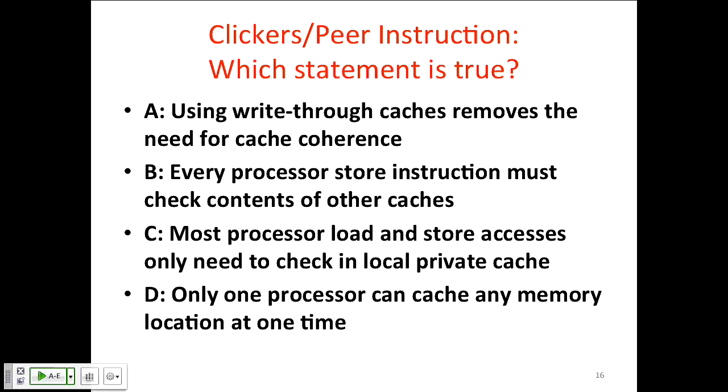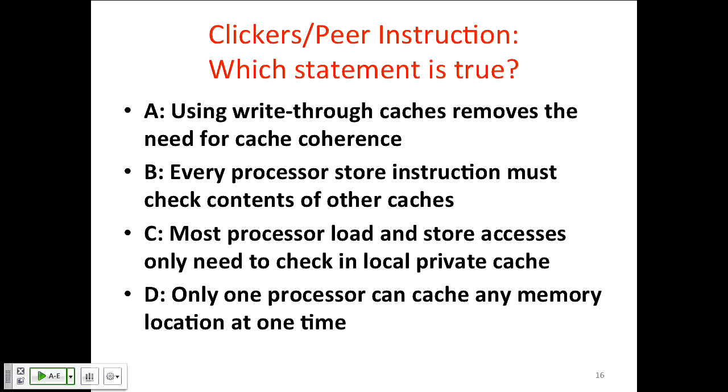So only one processor at a time has a writable copy. If you find it in your cache and it's dirty, you must be the only one with that line, and you can just go ahead and store without even telling anybody on the bus. So not every processor store instruction has to go out and check all the caches.